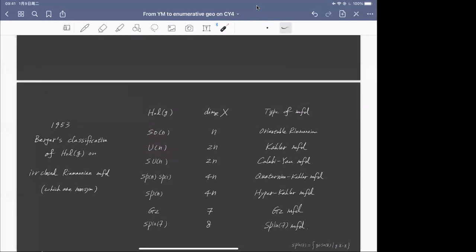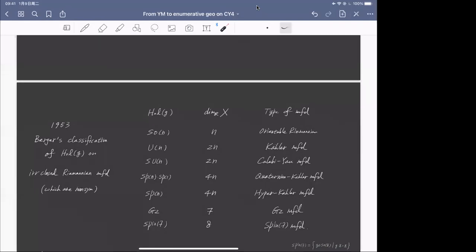The second type of holonomy group is the unitary group U(n). At the linear algebra level, you are given a complex vector space with a Hermitian metric which preserves the complex structure. This data gives you U(n) structures. If you do this compatibly with the Riemannian metric, this gives a holonomy group in U(n).